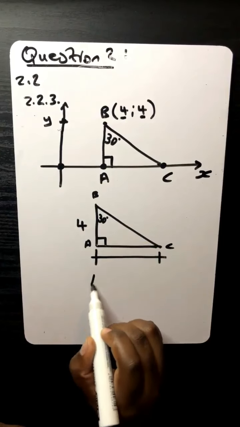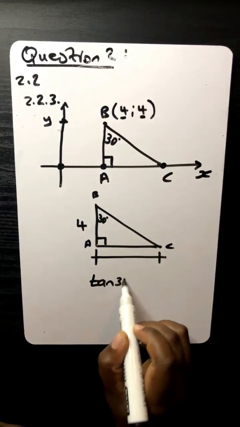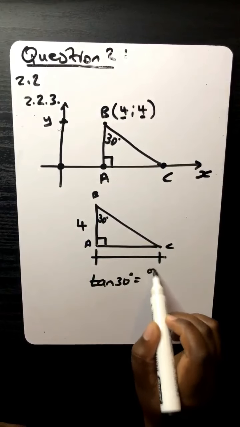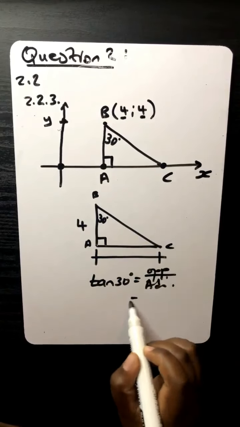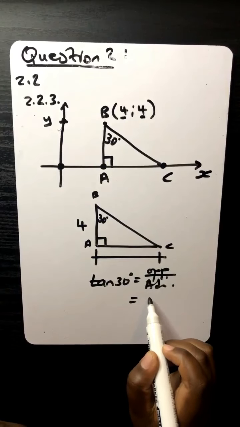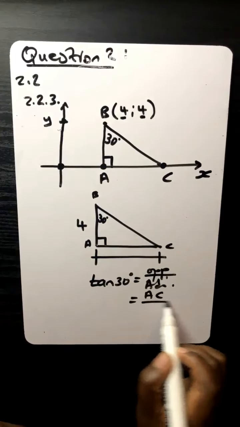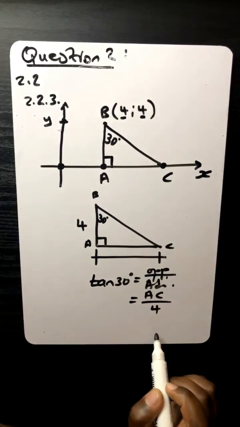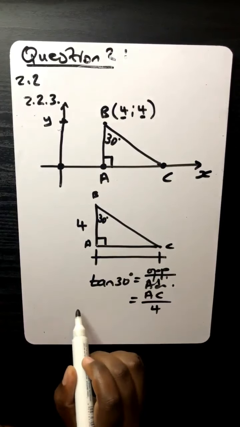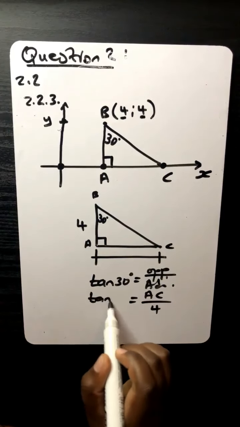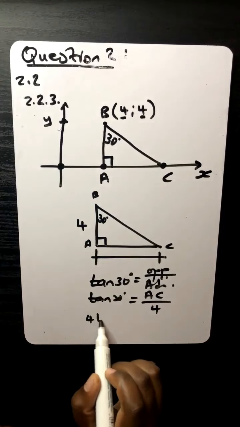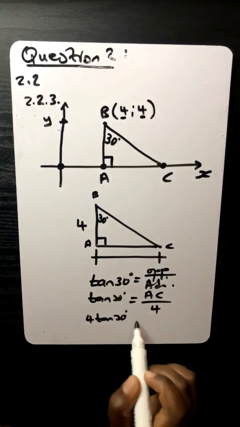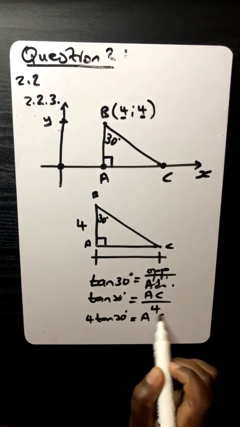So tan of the 30-degree angle is going to be opposite over adjacent. In this case, opposite is AC over adjacent is 4. So tan 30 degrees equals AC over 4.